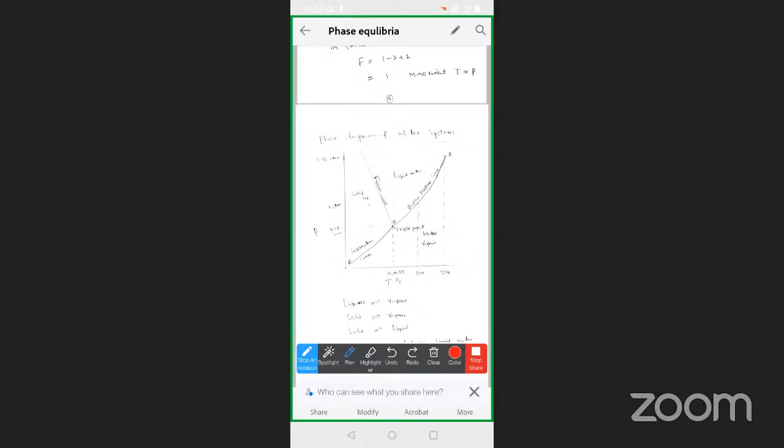So this triple point is at 4.58 millimeters of mercury, and the temperature is 0.0075. These are the temperature and pressure values of the triple point.